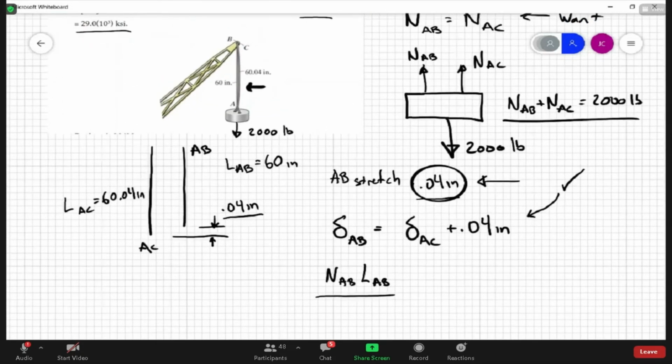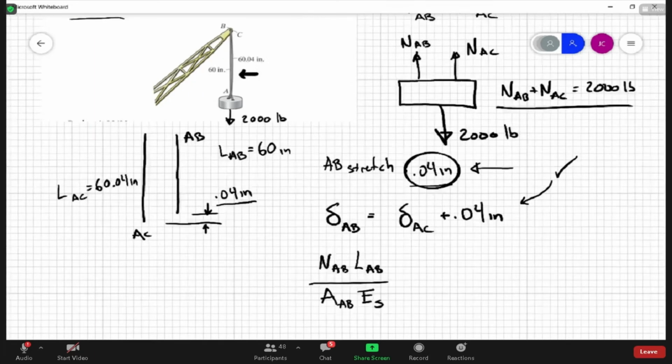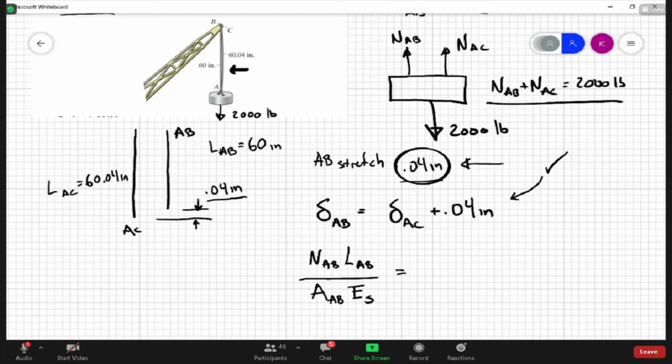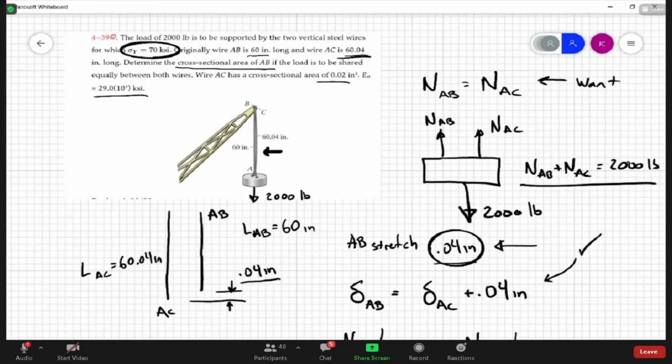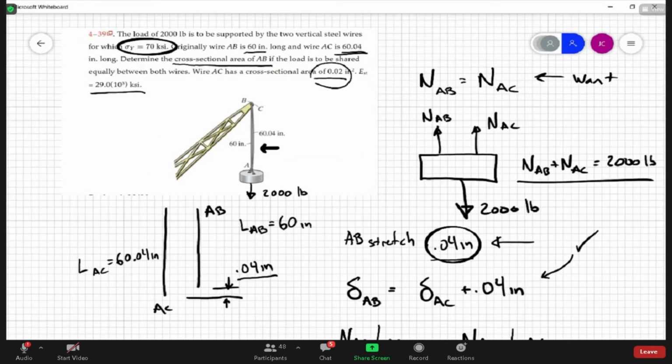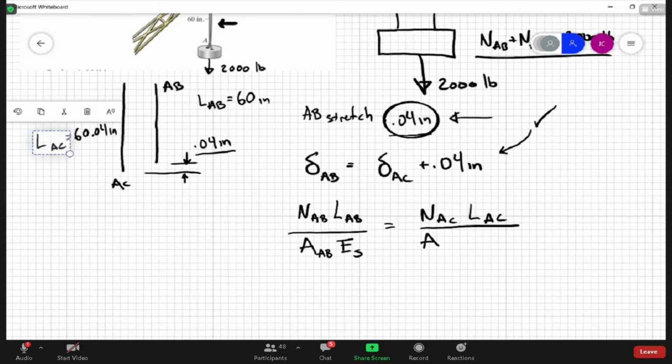So this is our unknown, and we know E of the steel. That equals the elongation of AC, which is NAC times the length of AC over the area of AC, which I also know. It gives me the area right there. And then E of steel, plus 0.04 inches.